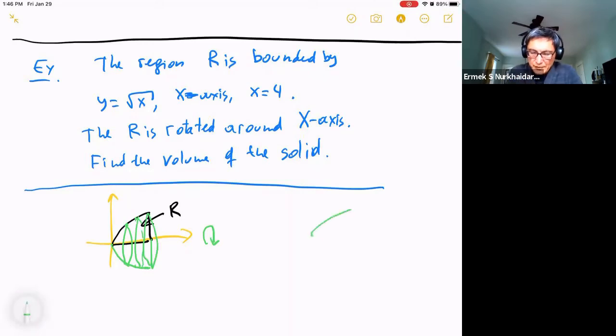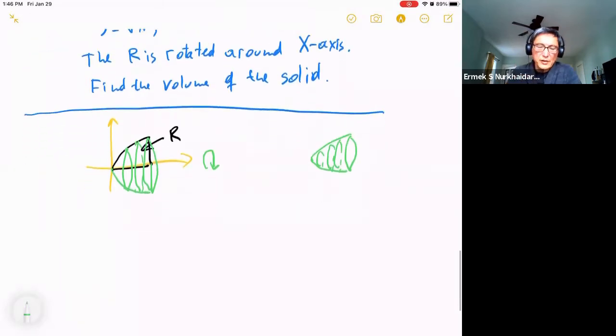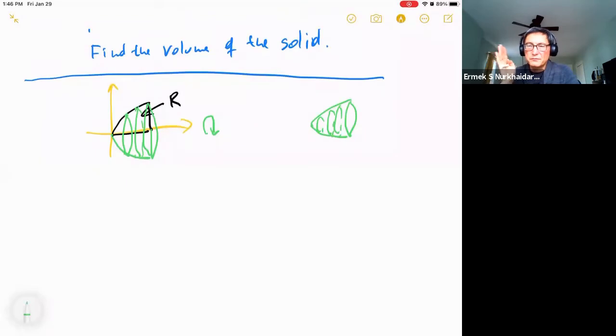So hopefully you see the object which we're talking about. I'll try to draw as many pictures as possible before I get a solid understanding of what's going on.